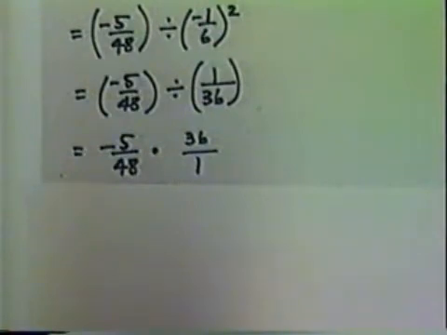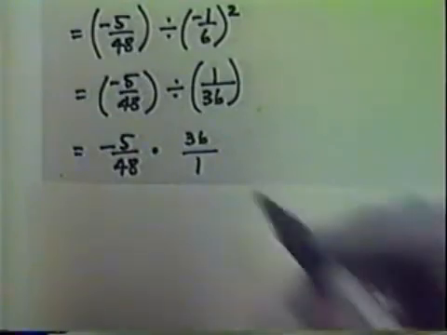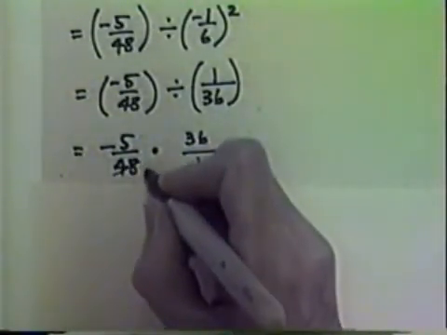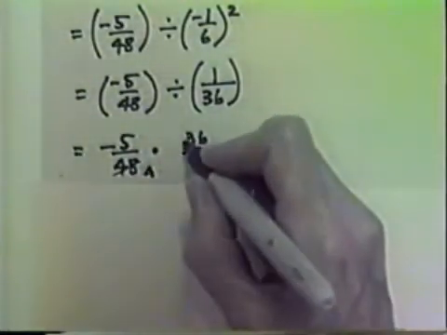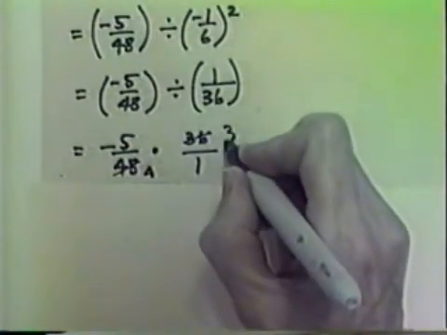When there is a common factor that can be divided out, it's smart to do so. For 48 and 36, we have a common factor of 2. We have a common factor of 3. We have a common factor of 6. Our best common factor is 12. 12 divides 48, giving us 4. 12 divides 36, giving us 3.